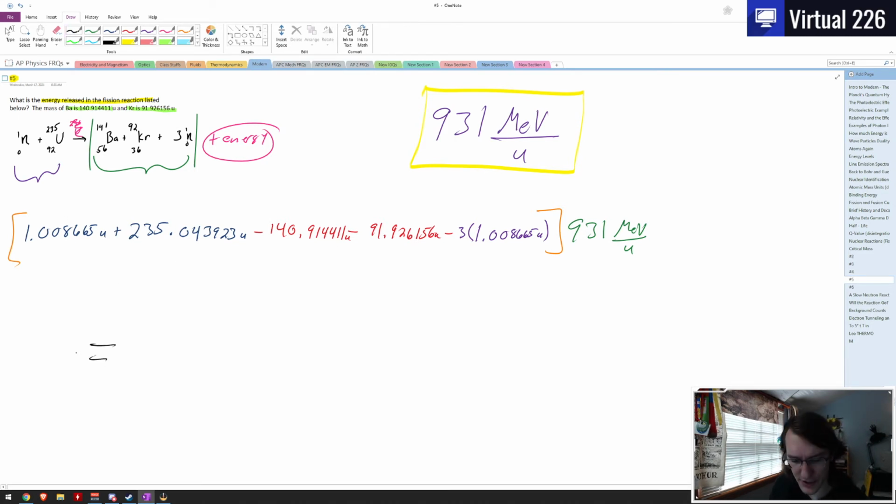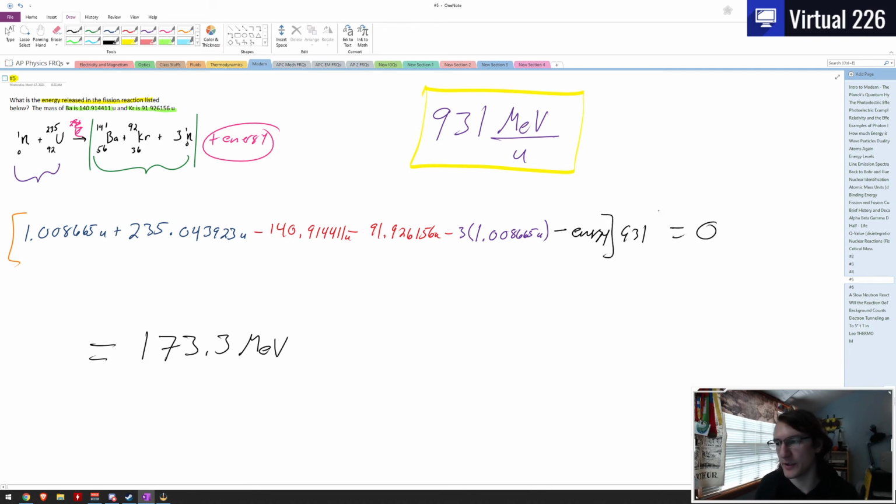When we run this calculation, what we'll find is that we will have a value of 173.3 MeVs, so that our initial quantity was actually larger than our final quantity here. This means that there is some extra energy that would tack in at the end here, because if we wanted to completely write this out, there'd be some minus energy here times the 931, and that would equal 0, because now everything has been conserved.